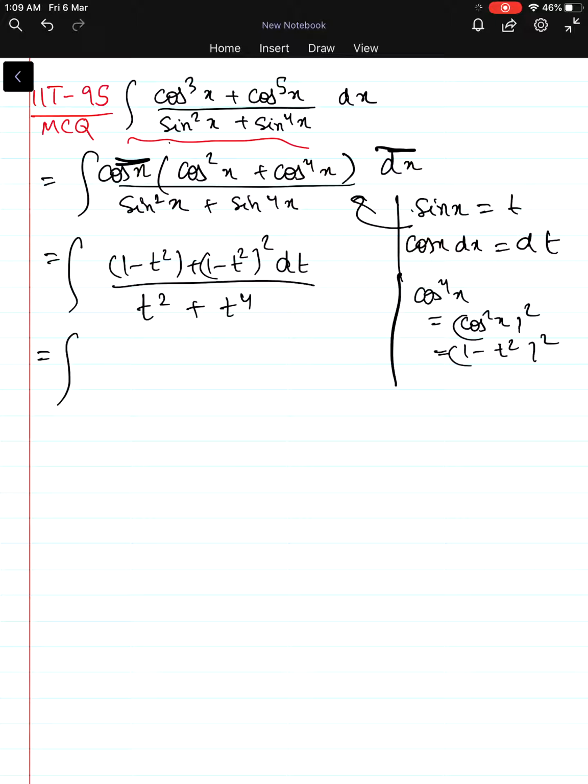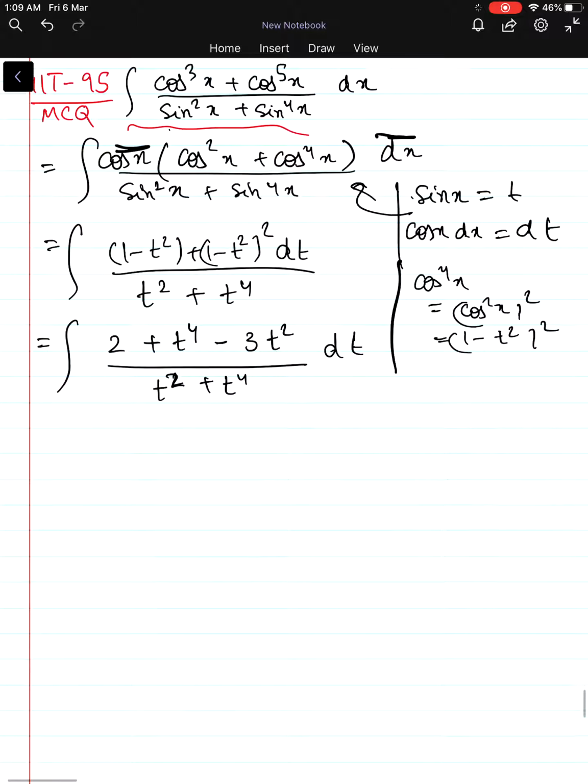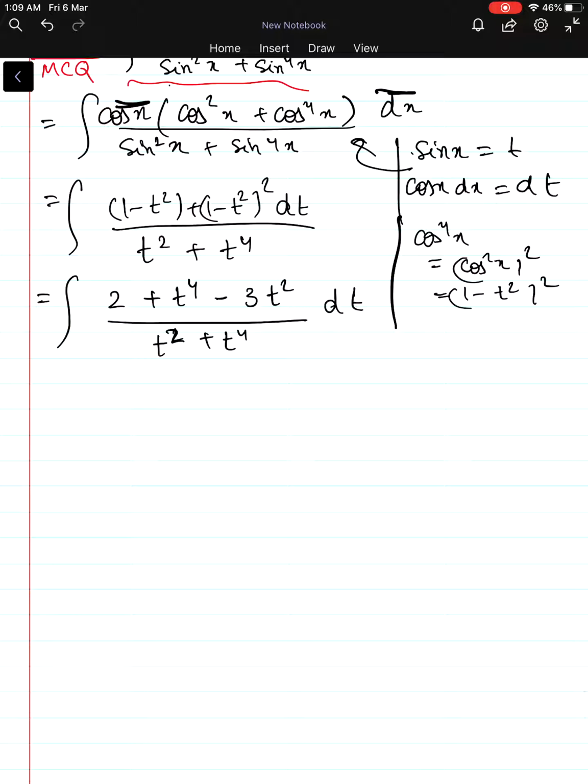Now we do nothing but just expand the terms, so I will directly write it. We will get 2 plus t raised to power 4 minus t square minus 2t square, so this becomes minus 3t square. We see that the degree of the numerator is 4 and of the denominator is also 4.